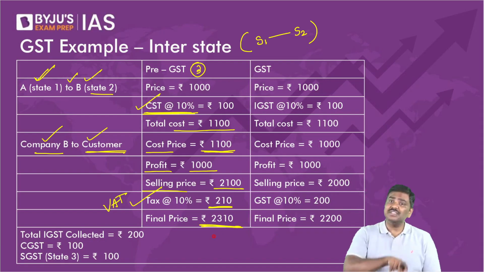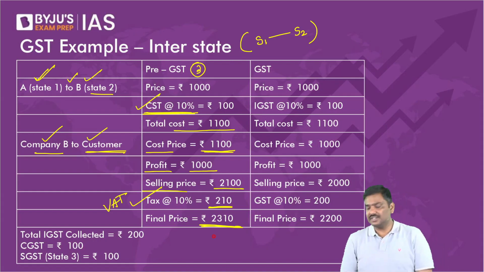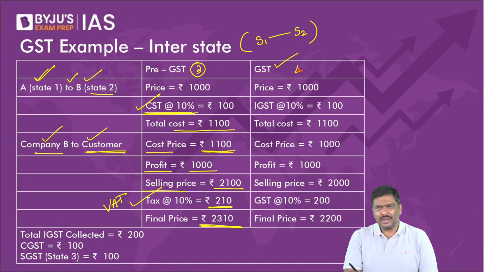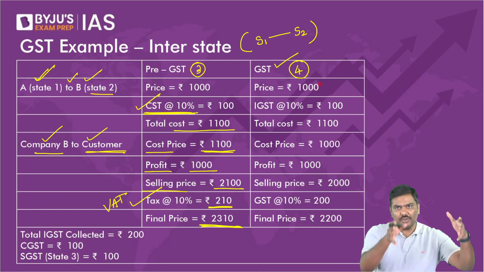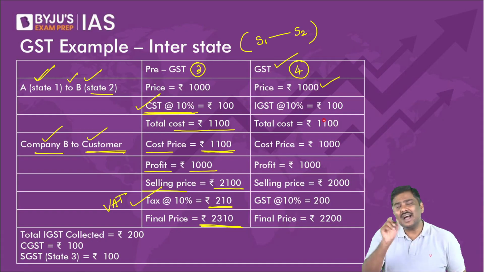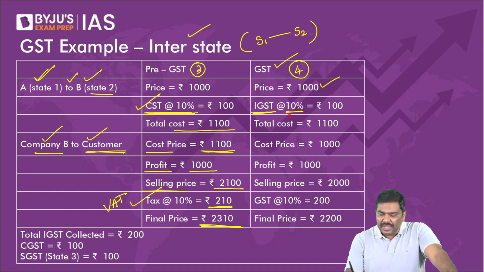Now, in the pre-GST era, input tax credit was not provided. The cascading effect was present. Now let's start GST. Example 4, GST. Step number 1 is the same. Price is 1000 rupees. The product, or raw material, is moving from state 1 to state 2. Don't worry. Interstate means IGST, Integrated GST, is applicable. Let's say 10%, so 100 rupees will be collected. B will pay 1100. Now please understand the difference in example 4.